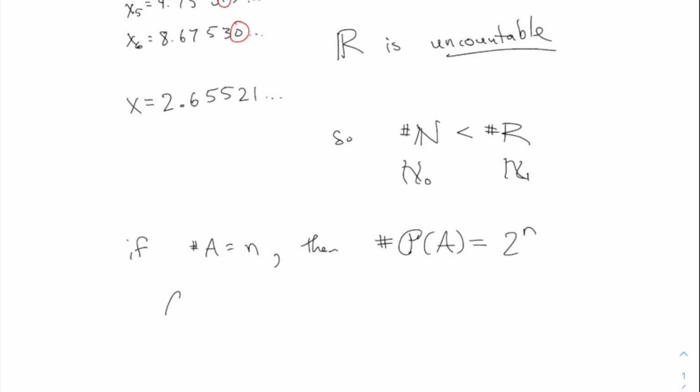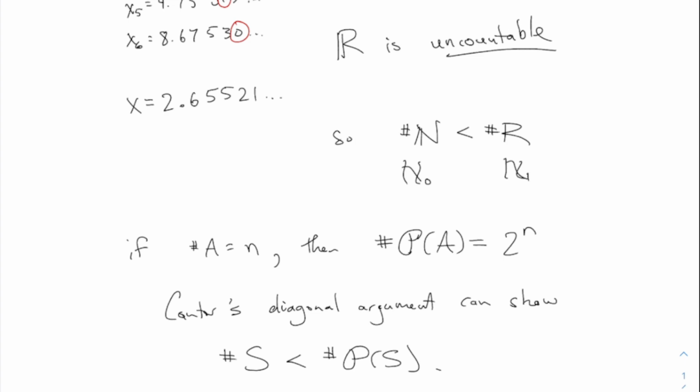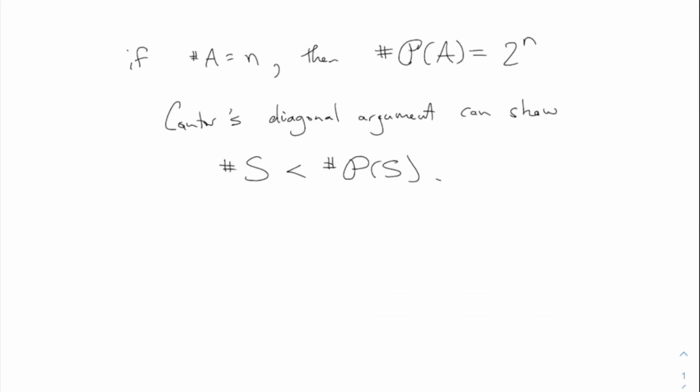And Cantor actually showed that this same basic diagonalization argument in general can show that for any infinite set S, the cardinality of S is smaller than the cardinality of the power set of S. When you take the power set, I don't want to get into the details of this, but it turns out you always get a larger set than the previous one.